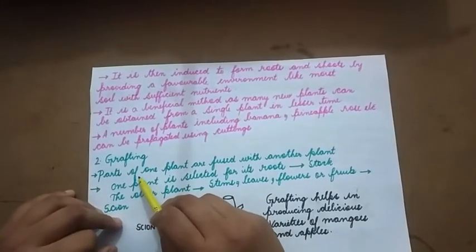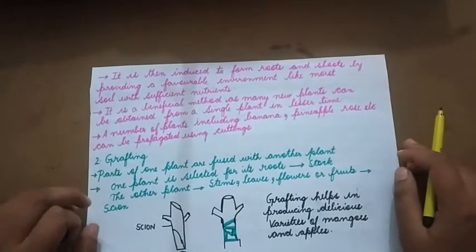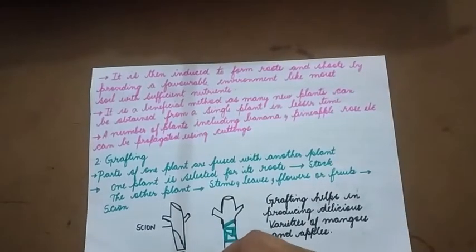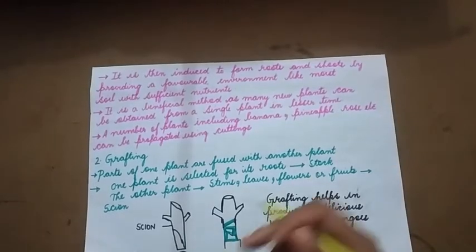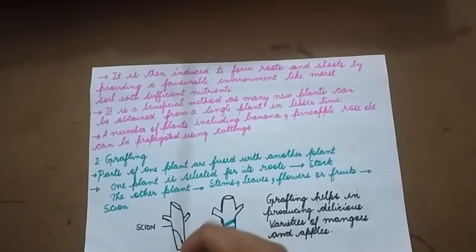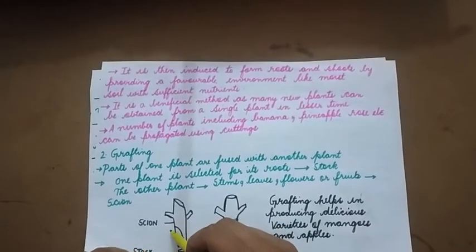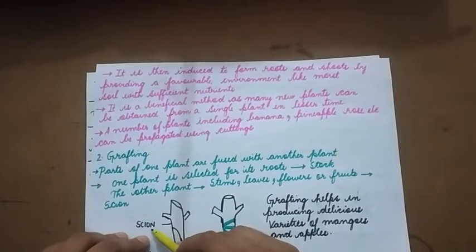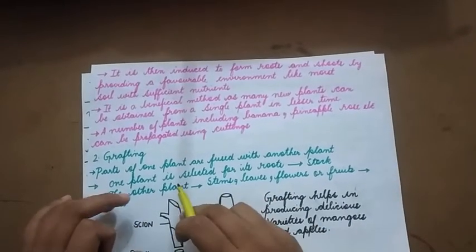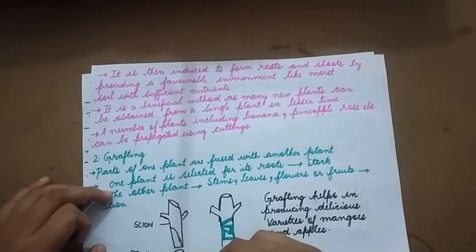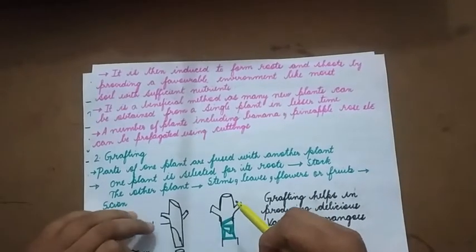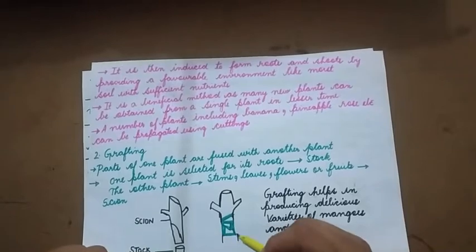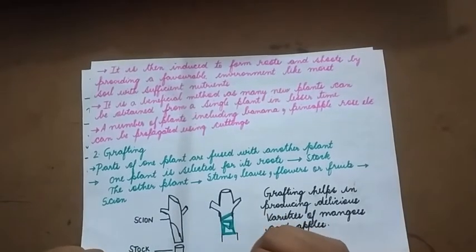Grafting. Parts of one plant are fused with another plant. Here one plant, say a mango plant, is selected for its root. It is known as stock. Another plant, say apple, is selected for its shoot and is known as scion. We take the root of one plant and the shoot of another plant, attach these two using grafting glue, and tie it tightly.